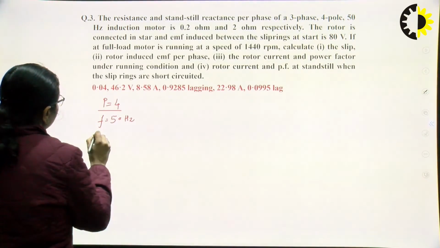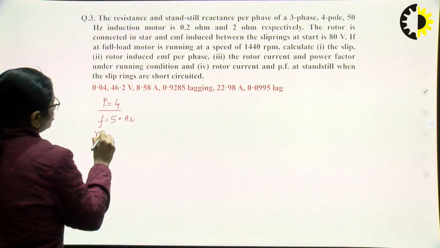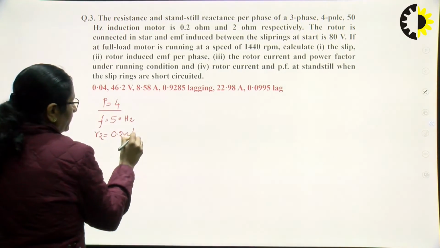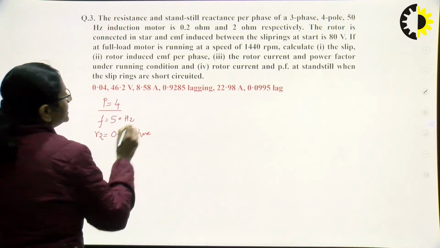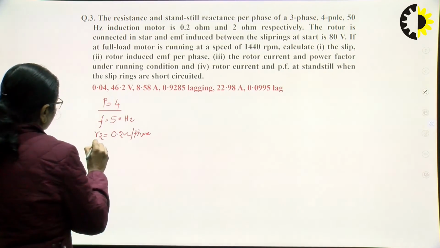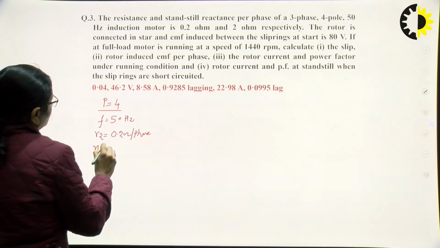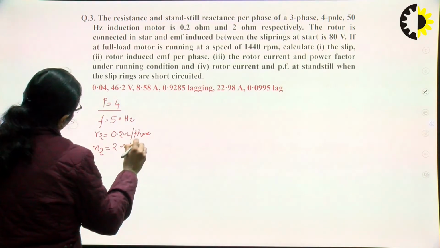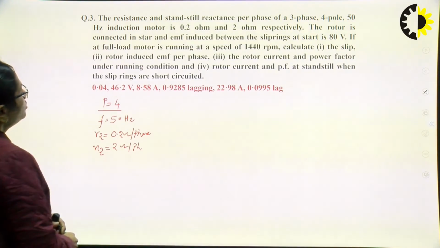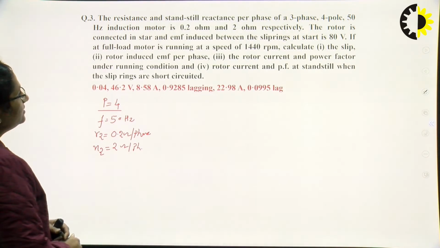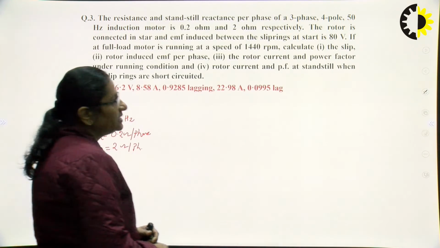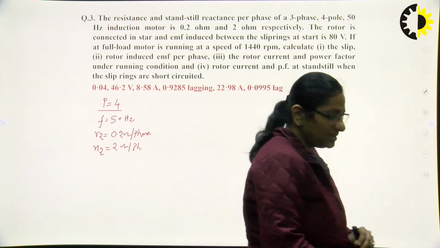The rotor circuit resistance, let it be R2, is given as 0.2 ohm per phase, and the standstill reactance, let it be X2, is given as 2 ohm per phase. The rotor is connected in star and the induced EMF between slip rings at start is 80 volt. What does it mean?